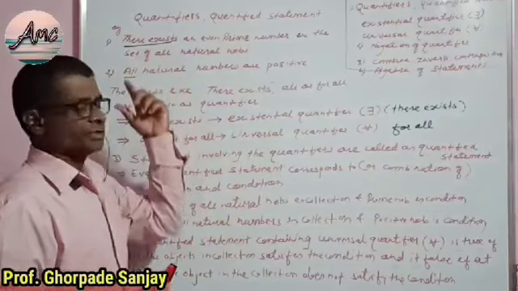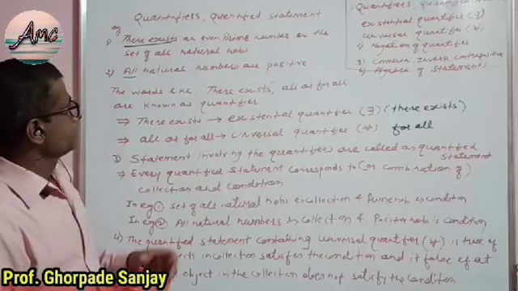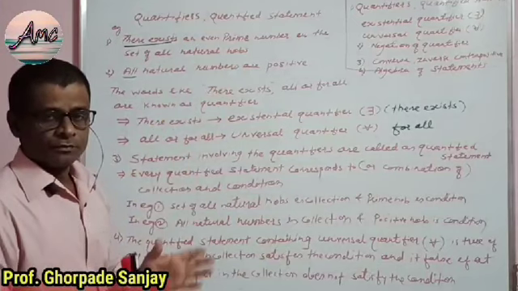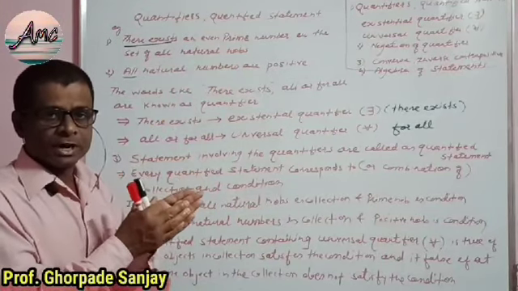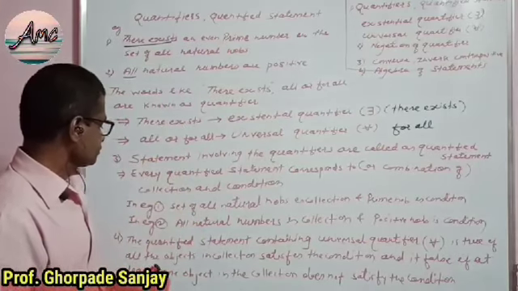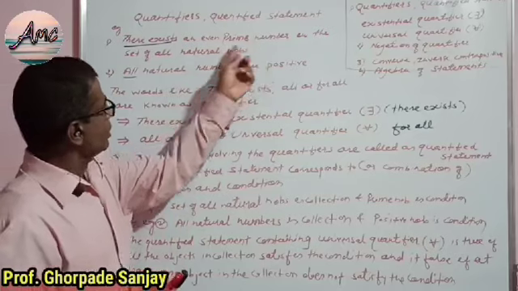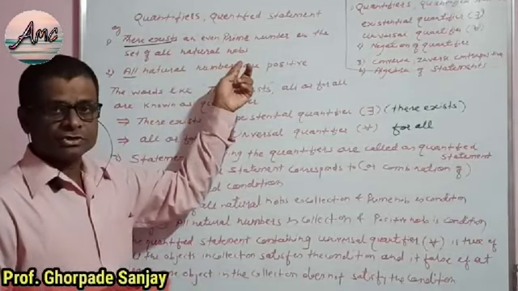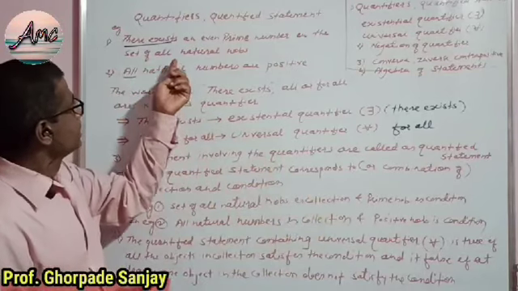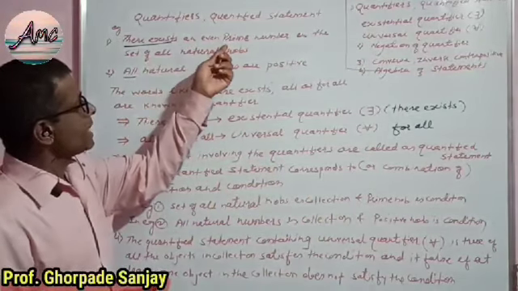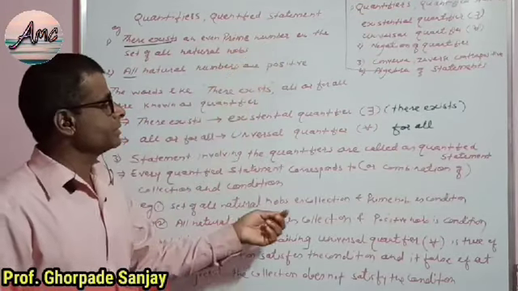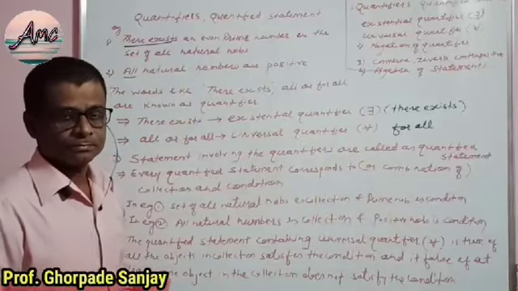Now if you see the first example, there exists an even prime number in the set of all natural numbers, which is a combination of a collection and a condition. Now in this case, what is the collection and what is the condition? The set of all natural numbers is the collection. And being an even prime number is the condition.